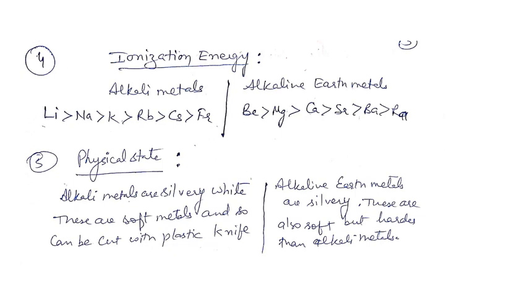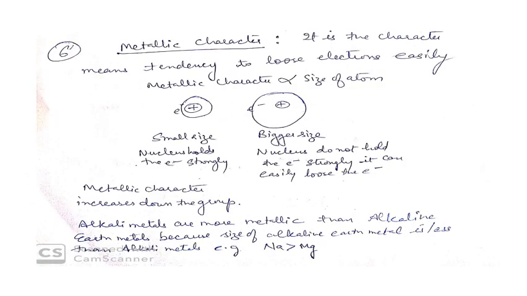Whereas the alkaline earth metals are silvery, not whitish in appearance. These are also soft but harder than the alkali metals. Compared with other elements, they are softer. So that is the physical state.